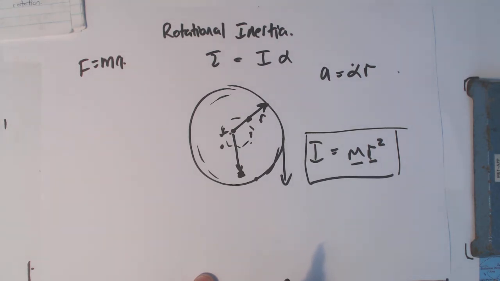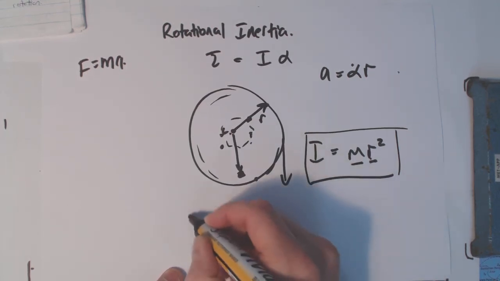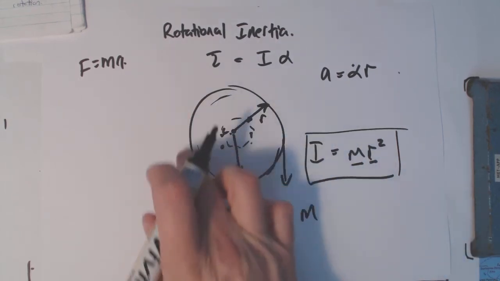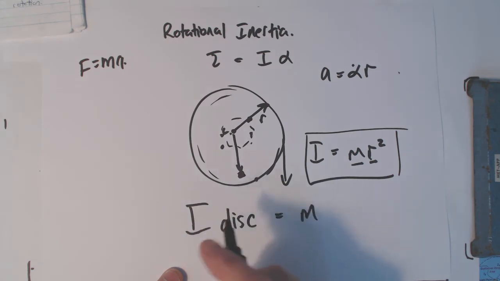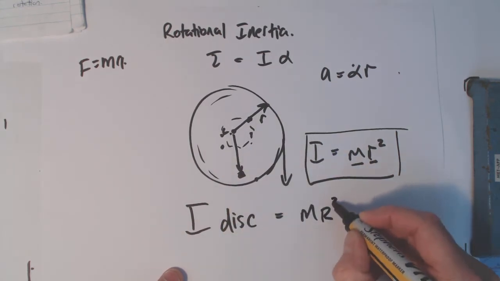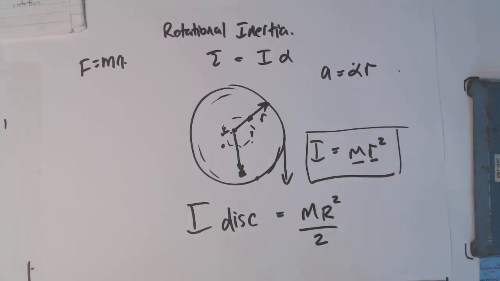We're clever. And if we add all these guys up, then we come up with these formulas for different shaped objects. And the formula for I for a disk is actually equal to big M, that's the mass of the whole disk, rather than little m, little bit of the disk, times big R squared, but it's all divided by 2. Now, that doesn't surprise us.